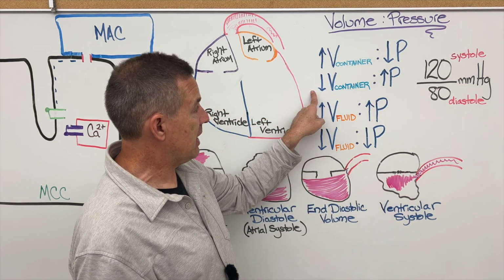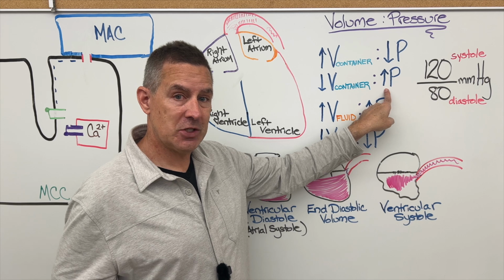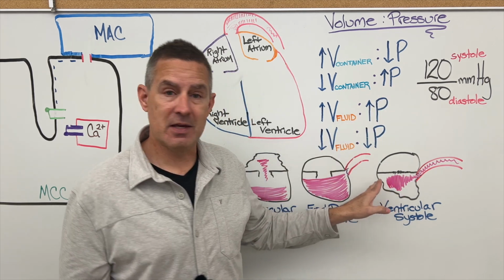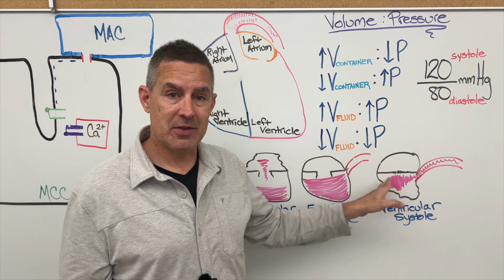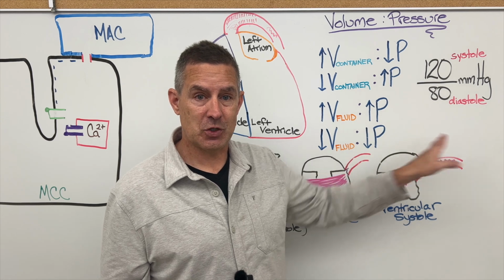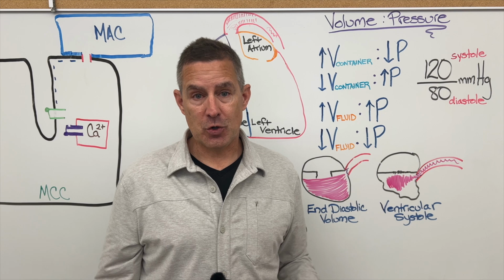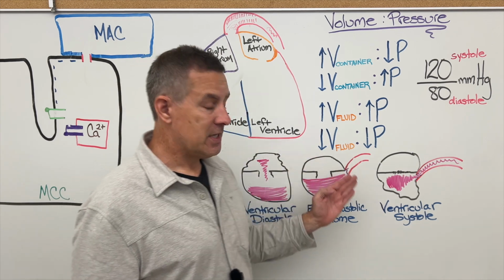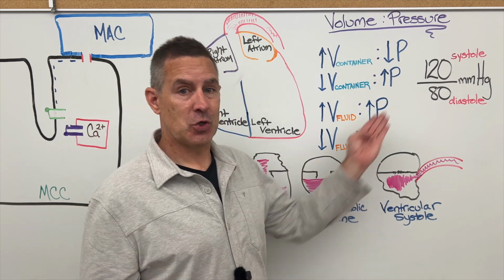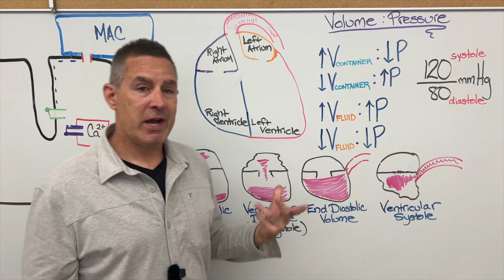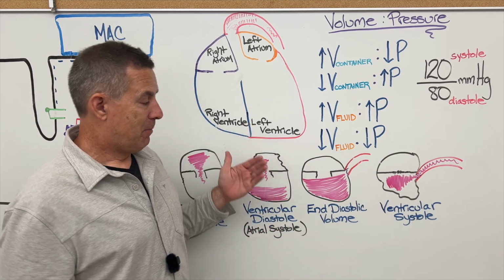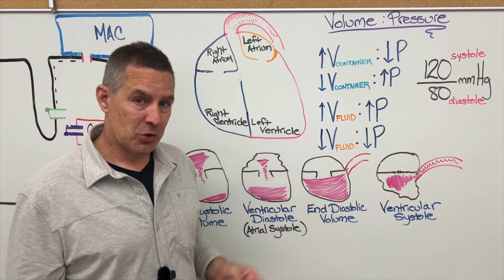The volume of the container gets smaller, pressure is increasing, and then once the pressure is greater in the left ventricle than in the systemic circulation, in the large arteries like the aorta and the major arteries coming off the aorta, then blood is going to be ejected from the left ventricle into the aorta. So what I hope you've noticed is that pressure is increasing in the left ventricle two ways.